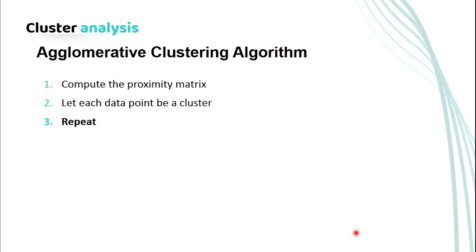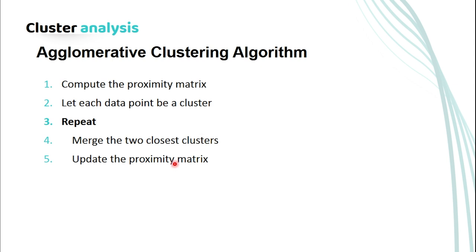Then we repeat the following steps: merge the two closest clusters, based on the definition of distance, and update the proximity matrix. We repeat this until only one cluster remains. Then stop.